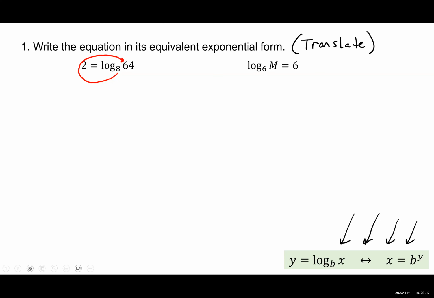I had this up on the screen a little bit earlier. This statement, 2 equals the log base 8 of 64, and 8 to the second power equals 64, are the same thing.